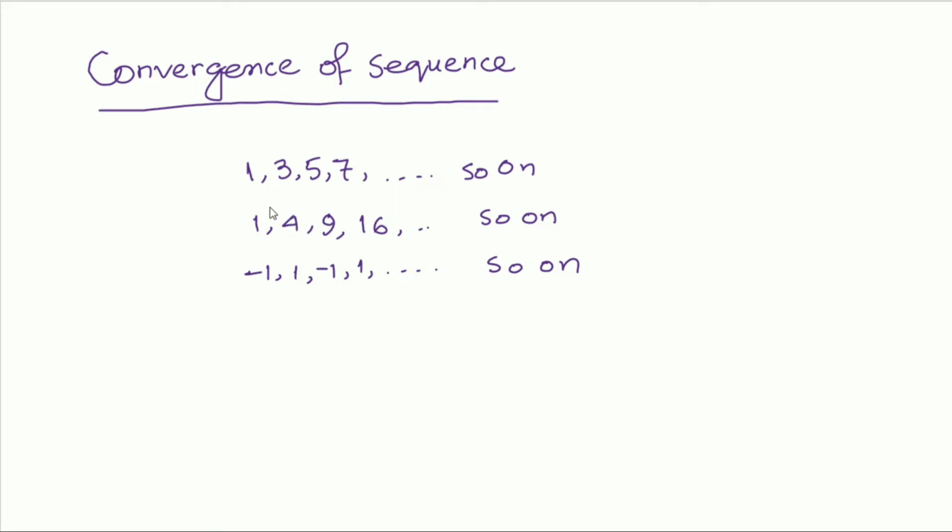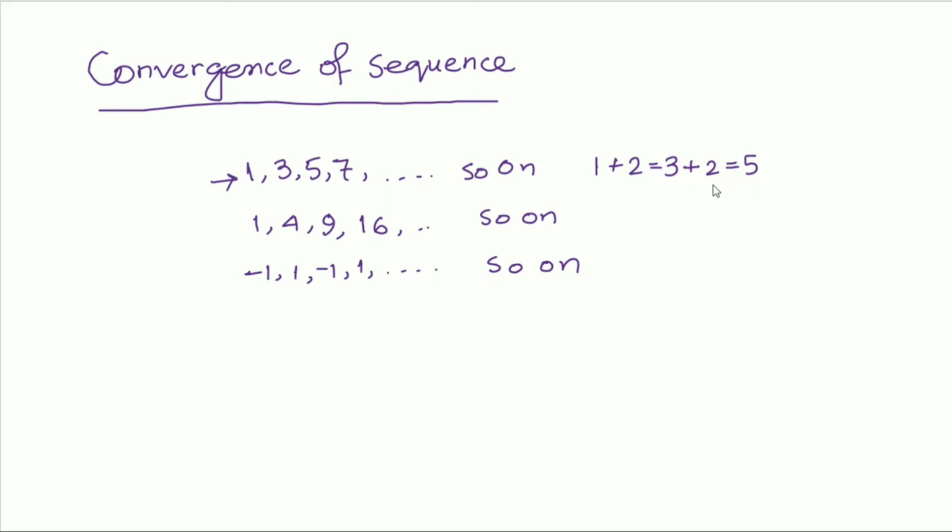For example, for the first, the first term is 1, and we get the second term by adding 2 to the first term. If we add 2 to the second term, we get 3 plus 2 equals 5, which is the third term.